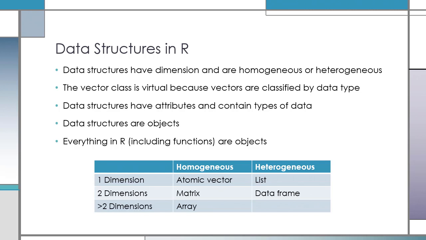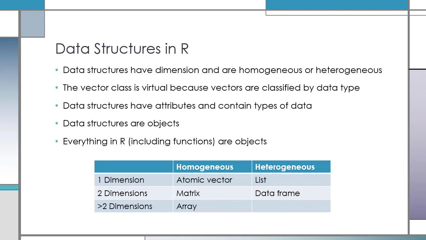This little table here shows us that we can classify our data structures on the basis of whether they're homogeneous or heterogeneous, and on the basis of how many dimensions they have. A vector has one dimension, as does a list.